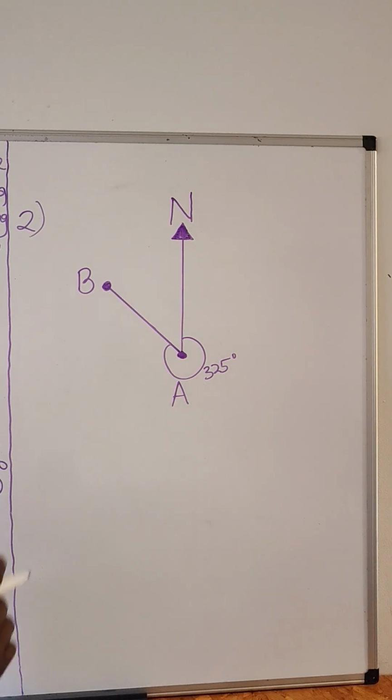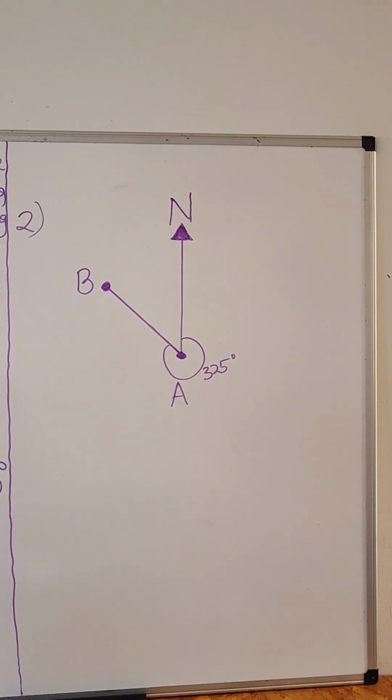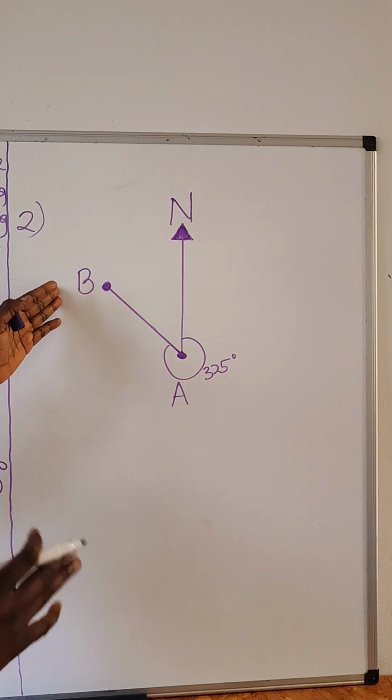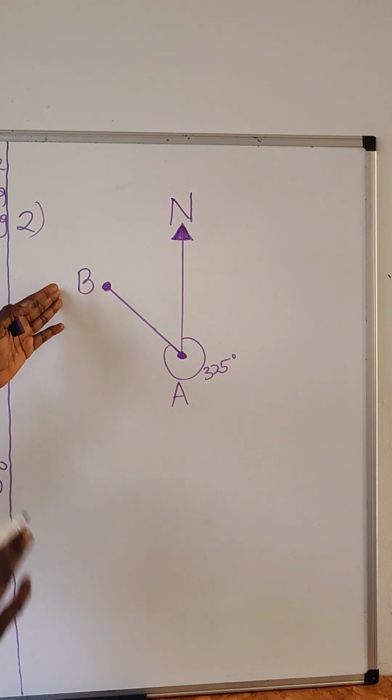So viewers, let's look at the second question. The bearing from A to B is 325 degrees.